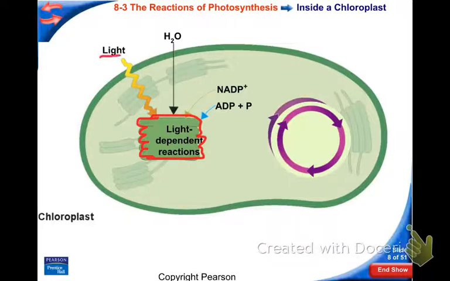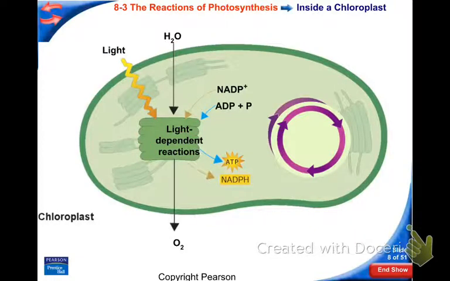So it starts off with light and water. Light and water are used in this first part of photosynthesis, okay, across that thylakoid membrane. And what is produced? Look at our products here. The oxygen that we breathe is a result of the light-dependent reactions. And you make some ATP and NADPH.